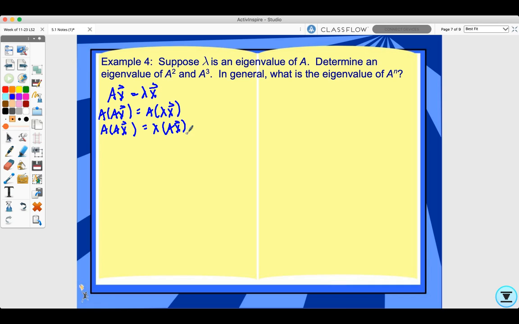Well, we know that Ax equals lambda x from up here. I can replace this Ax with lambda x. So I would have A times Ax equals lambda times lambda x. Therefore, A squared x equals lambda squared x. So therefore, lambda squared is an eigenvalue of A squared.